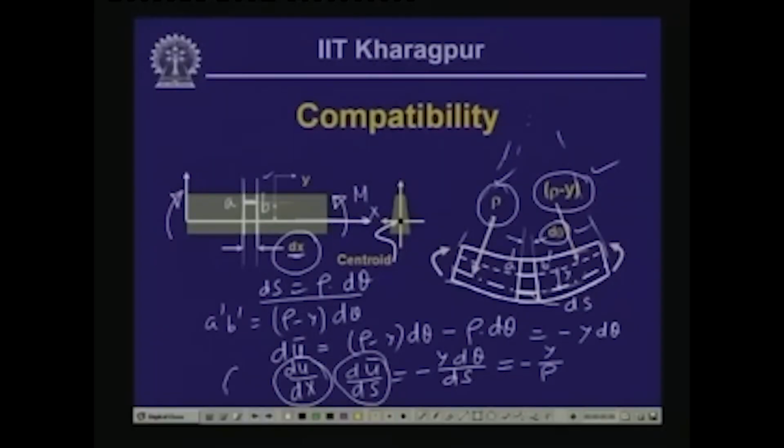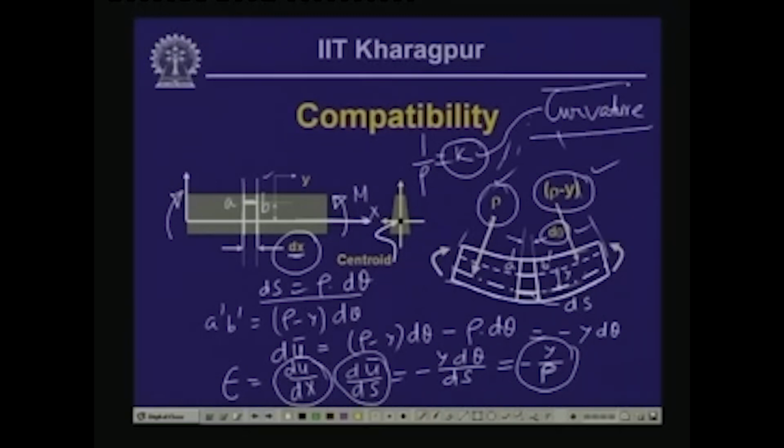So, if we call this epsilon as the normal strain, this is equal to minus y by rho, and rho is the radius of curvature of the axis of the beam, and many times this particular quantity 1 by rho we designate as kappa, which we call curvature. So, the strain epsilon is equal to minus y by rho.